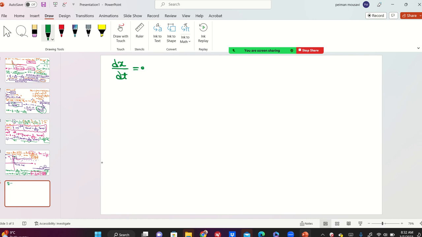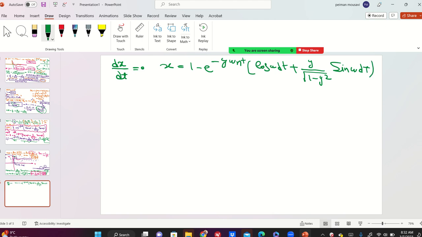So x was, I'm writing here, 1 minus e to the minus zeta omega n t times cosine omega d t plus zeta over the square root of 1 minus zeta square times sine omega d t. So dx over dt of this is 0.